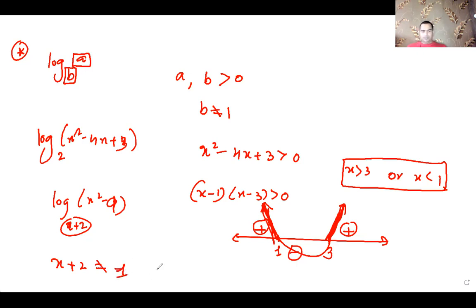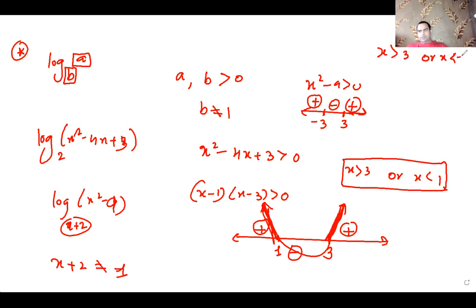That's another added condition apart from x squared minus 9 being positive. So if I take x squared minus 9 strictly greater than 0, I get negative 3 and positive 3 here, which becomes positive, negative, and positive once again. So according to this, my domain is x greater than 3 or x less than -3.